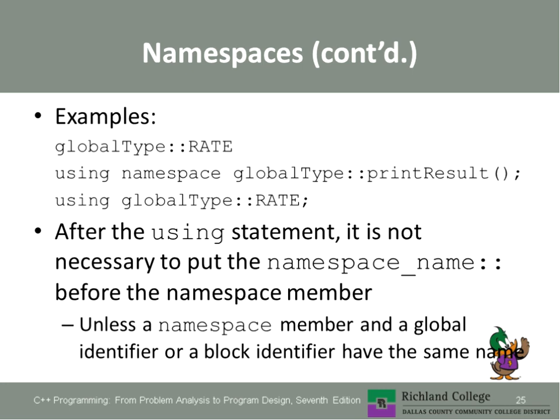So when you're using global identifiers, if for some reason you really would like to use rate, whatever header file or library you include, your compiler will tell you. You don't want to go into every single library to figure it out.